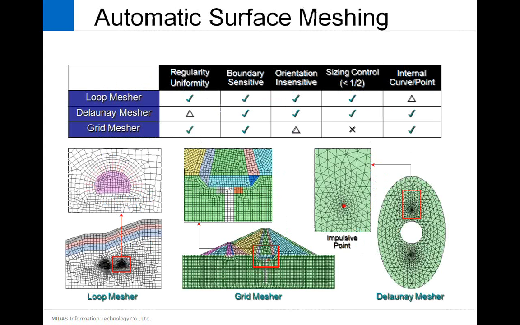So with auto mesher in 2D case, in GTS you can create a 2D auto mesh using loop mesher, the Delaunay mesher, or the grid mesher, which for a new person look almost the same, but when you deal with very advanced projects, their usage may differ, because they differ in their regularity, uniformity, they differ in their orientations and sensitivity, they differ in their sizing controls.